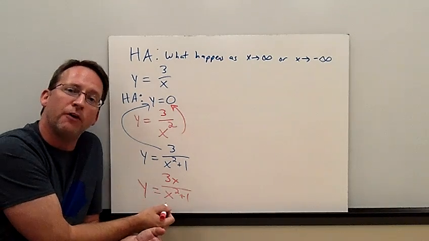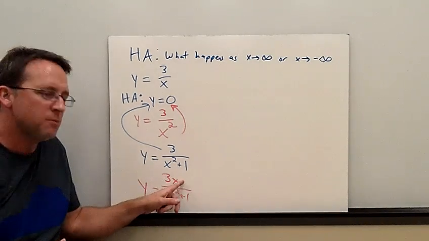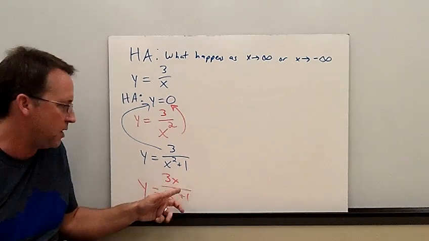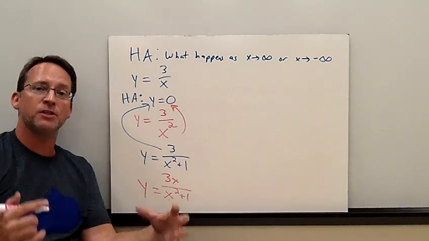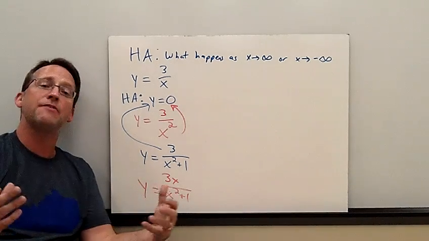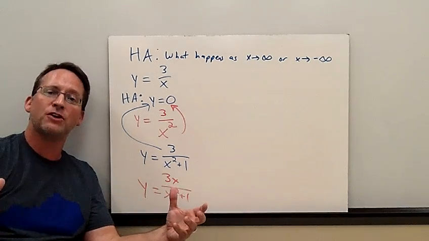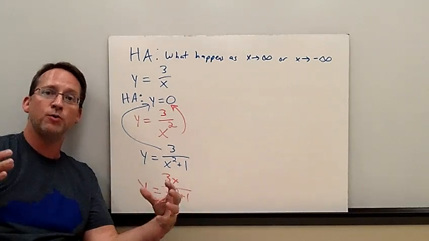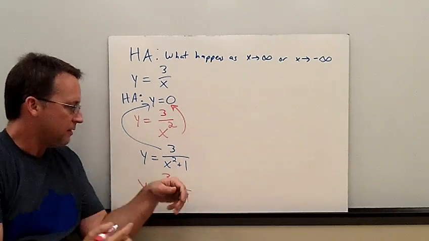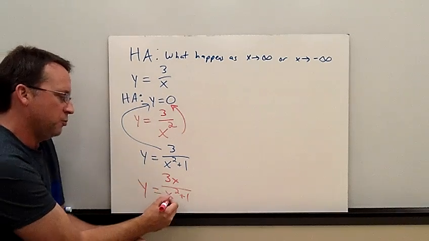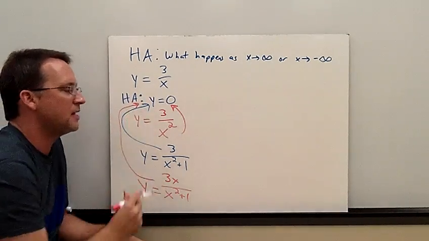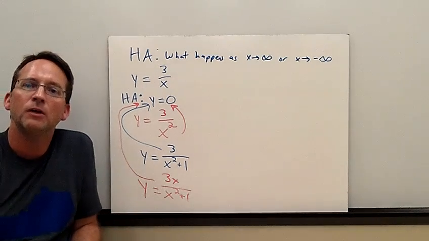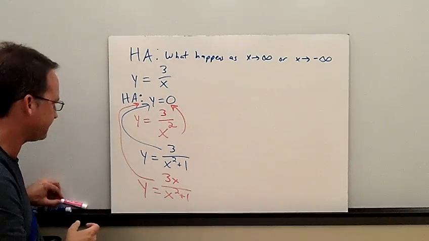The bottom's getting bigger faster. 3 times 1,000,000 for x would be pretty big, but not as big as 1,000,000 squared. That square on the bottom is going to make the bottom grow faster. And if the bottom's growing faster in a fraction, that fraction's value is going to approach 0. Yes, these both get bigger, but the bottom gets bigger faster. And so once again, we have that same x-axis, y equals 0, as a horizontal asymptote.